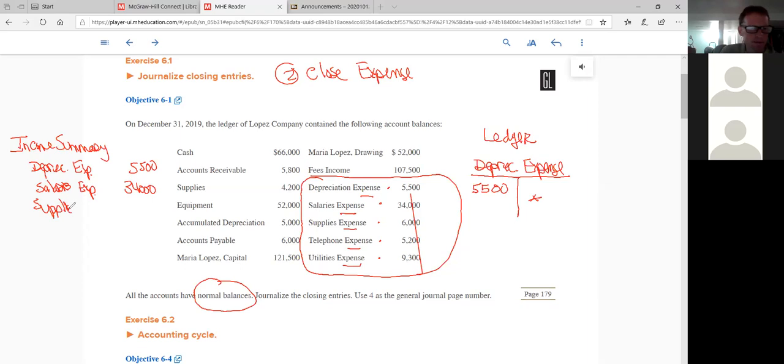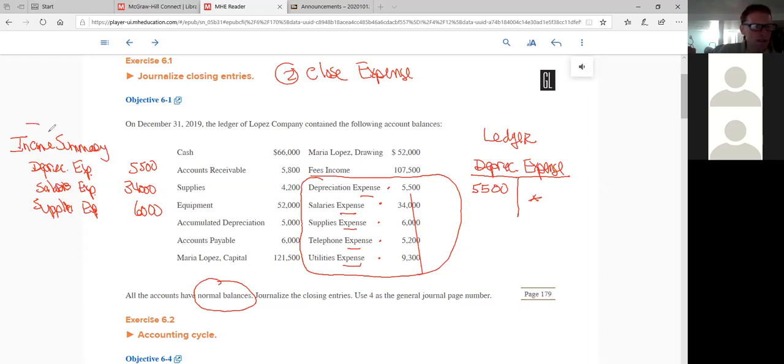Supplies, $6,000. And hopefully you get the point. If this was at a company, at a business, you would go to the ledger, figure the balance, and then take that amount and manually, or most likely you have to manually do this one, or just link it depending on the software that you're using. But take the balance and make sure that all the expenses get credited. You have to do these individually.